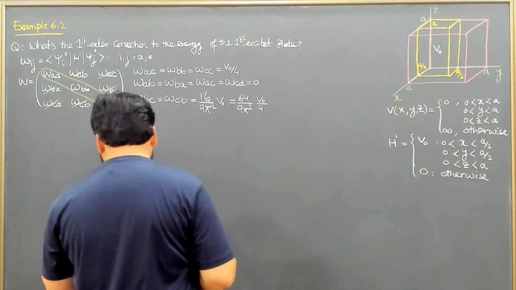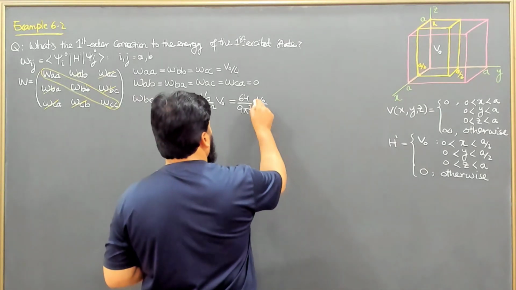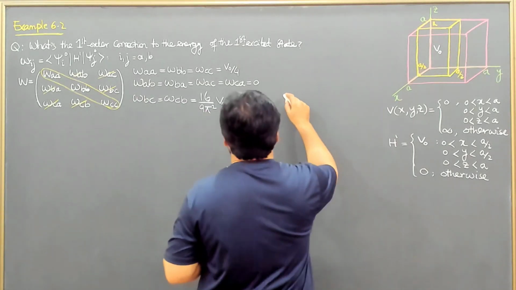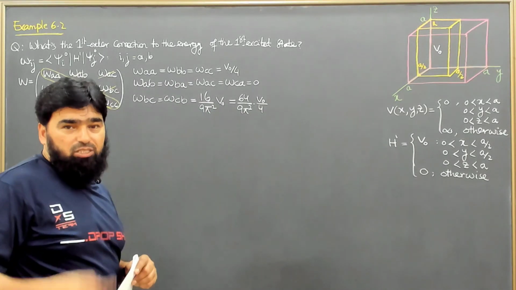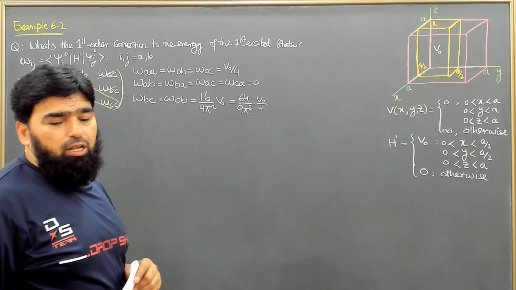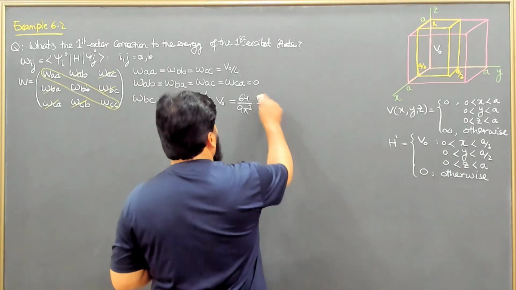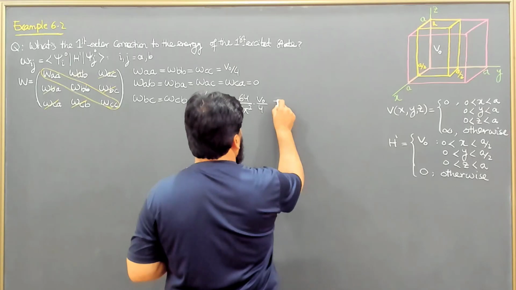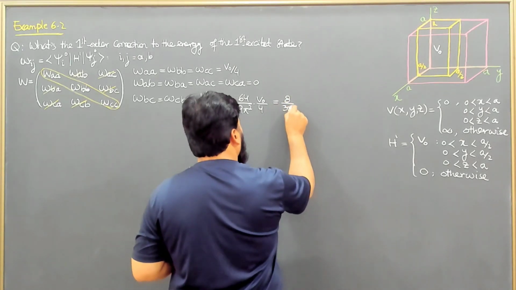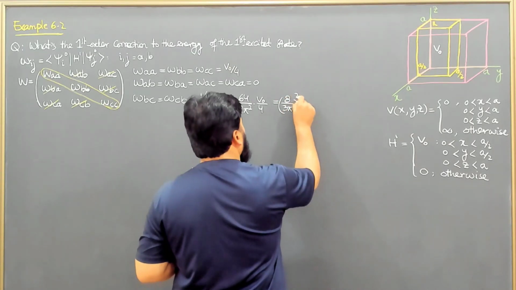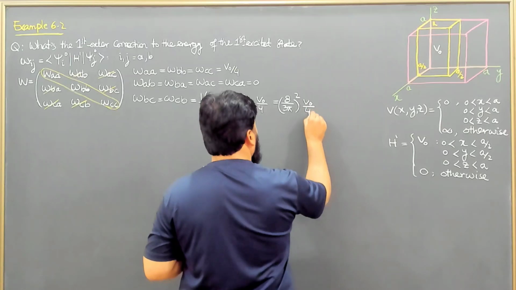And this 64 over 9 pi squared I can write like this with V naught over 4, because I want to give the matrix a reasonable shape to be easy for the calculation. So this I can write as 8 over 3 pi whole squared and V naught over 4.